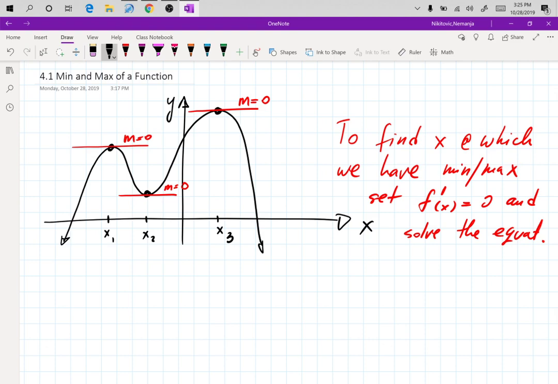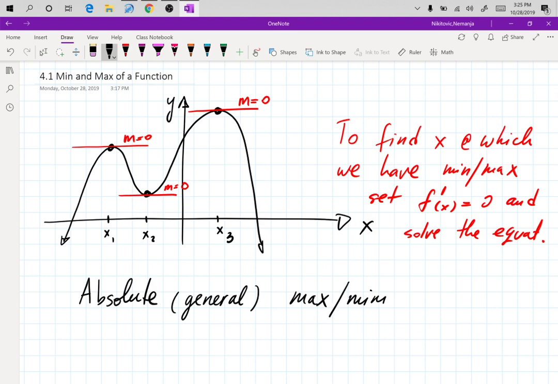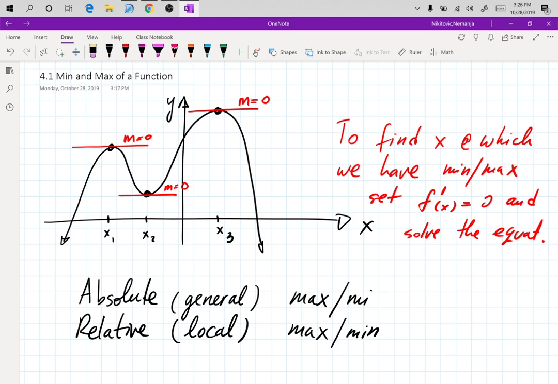We have to distinguish between what we would call absolute, also known as general, max min, or relative, also known as local max min. Those are not the same.